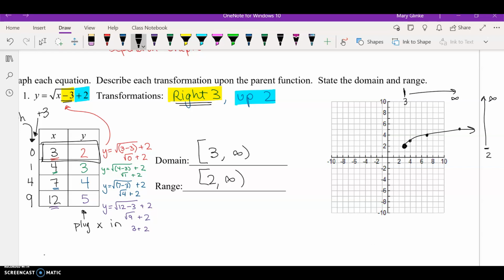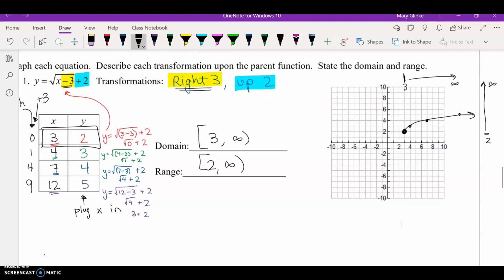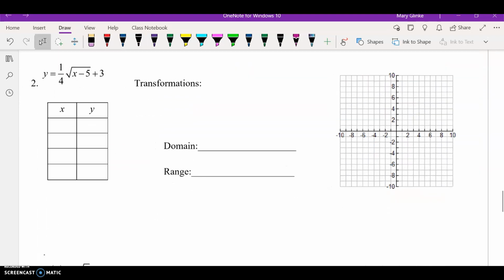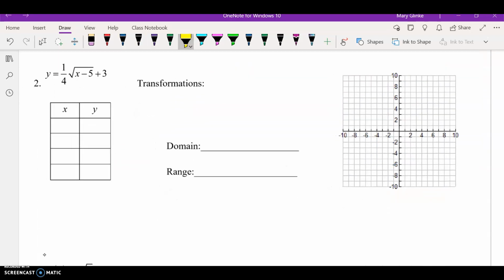We're going to practice a couple more because it just takes a little bit of getting used to. So taking a look at this here, we have this minus 5 inside that's going to go right 5. The 1/4 out in front is a vertical compression of 1/4.